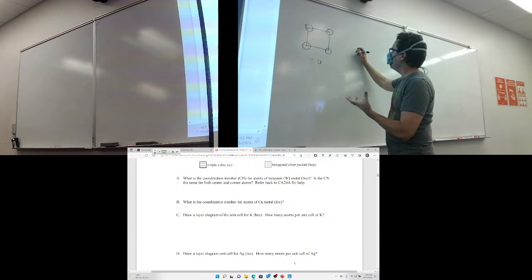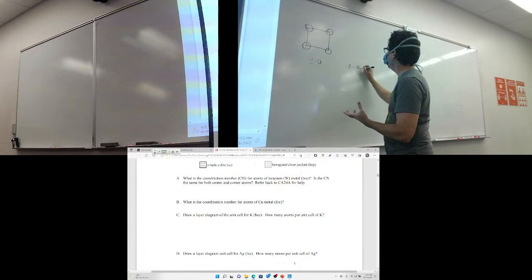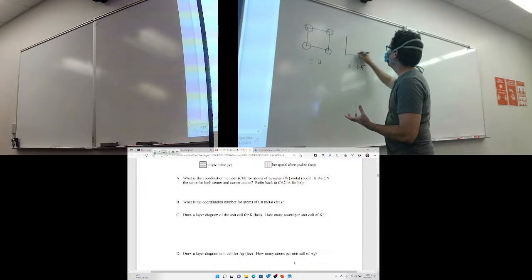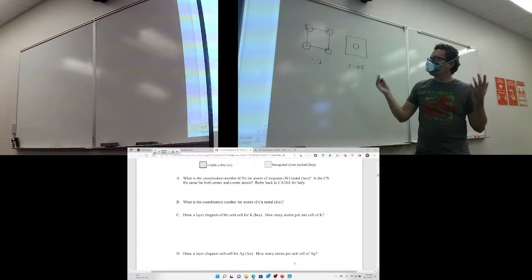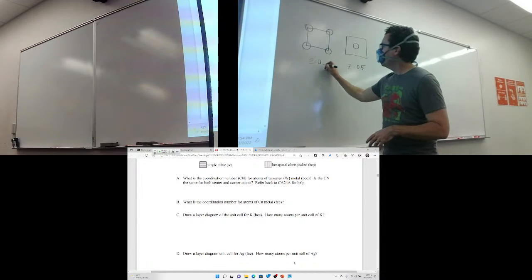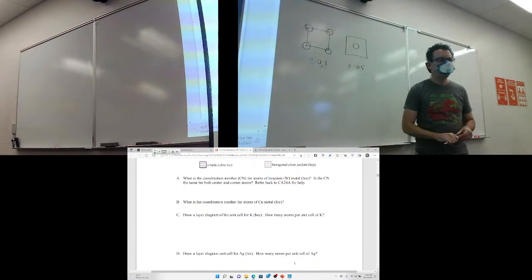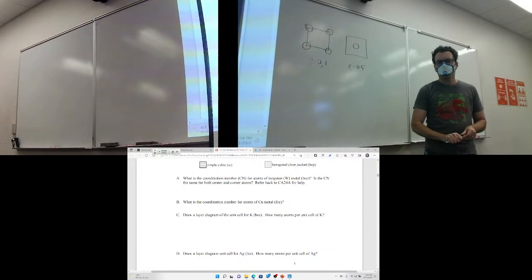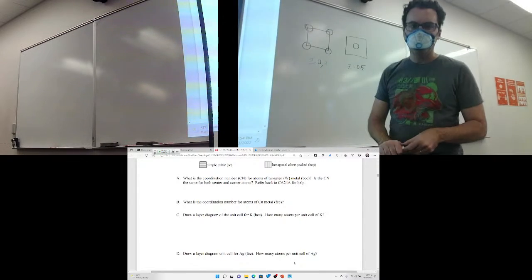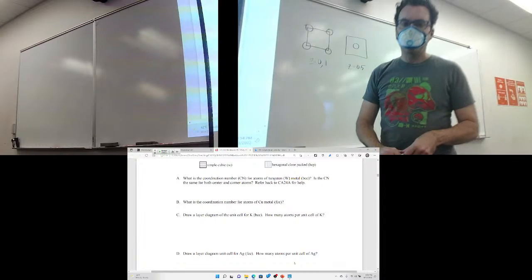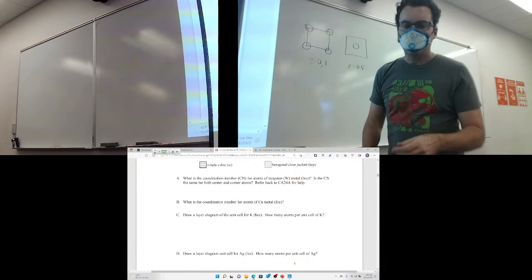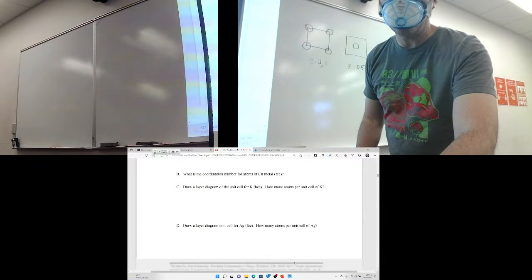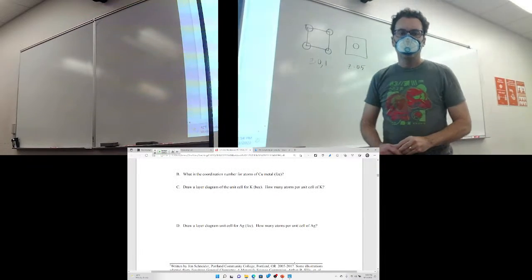And then there is an atom at the center, so the halfway layer, 0.5, has an atom right in the middle. That's the layer diagram. Remember, the bottom layer is always the exact same as the top layer, so you don't have to draw it twice. So how many atoms per unit cell of potassium, BCC? There's 2. Pretty standard. Doesn't matter what atom it is, as long as it's BCC.